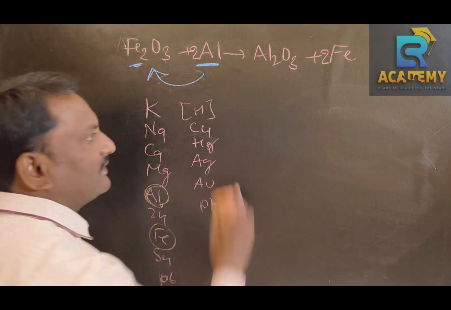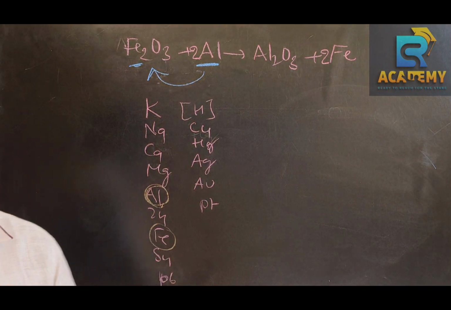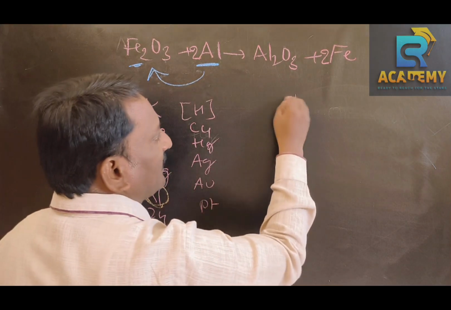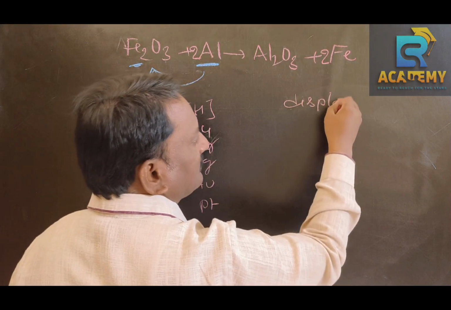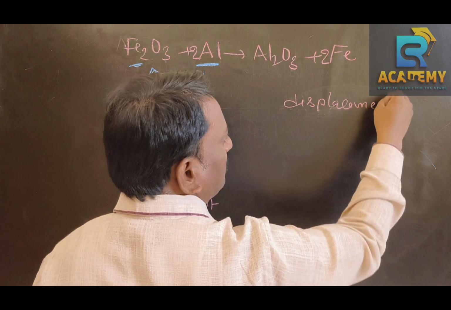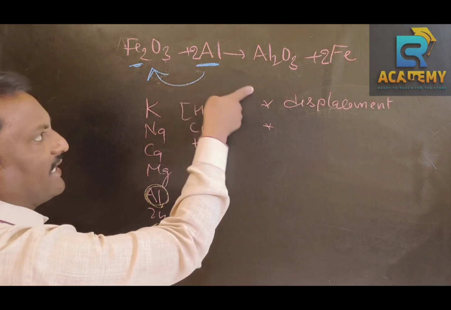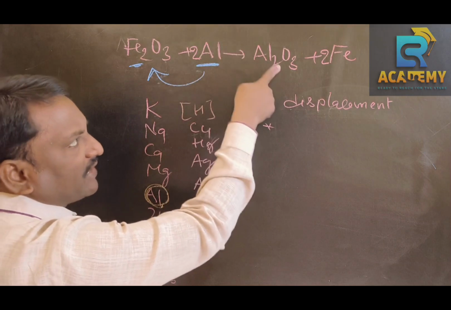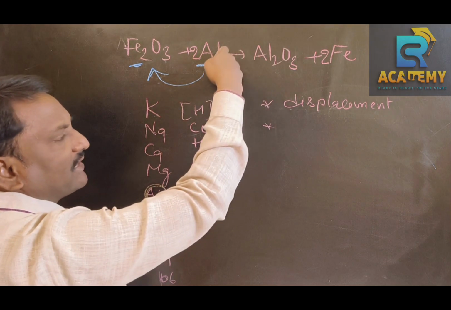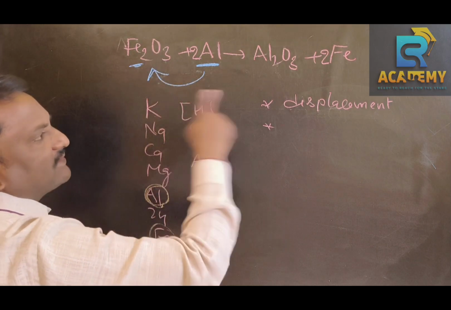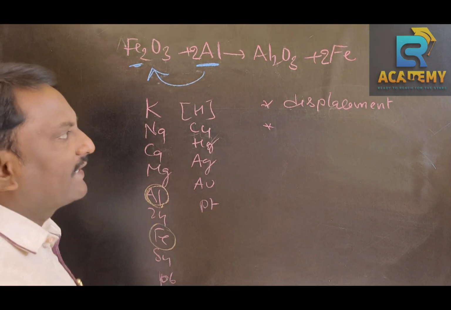So let us understand this equation in detail. Apart from the given question, it's a displacement reaction. At the same time, it's a redox reaction. Here, aluminum is converted to aluminum oxide. That means oxygen is added, so it's an oxidation. From iron oxide, oxygen is removed, so that is called reduction.